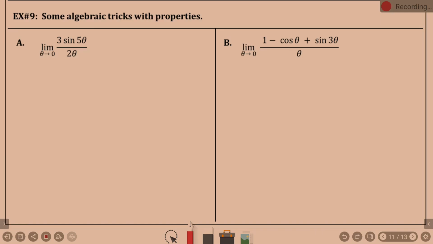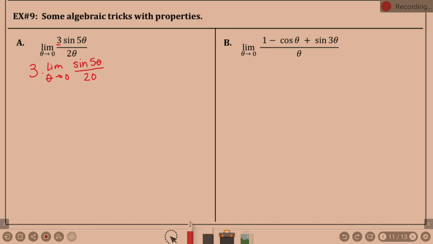I don't want to reduce thetas because that's part of the setup for our special form, right? But here's what you can think of. This 3 is just a whole number, yes? One of the things you can do with that 3, that whole number, is bring that out front. So times the limit as theta approaches 0 of sine of 5 theta over 2 theta.